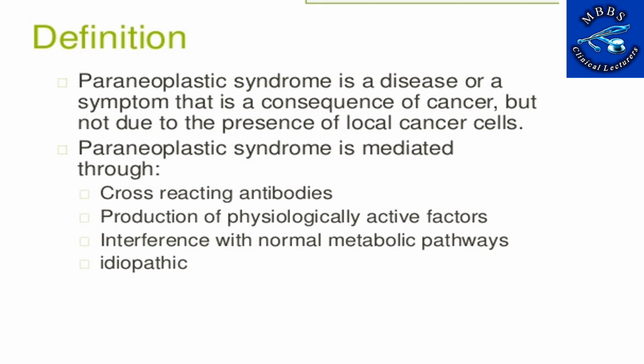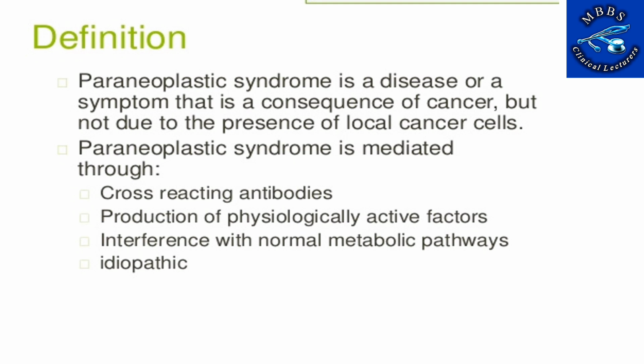The table of paraneoplastic syndromes is given in Robbins, Table 7.11, and in this table the different types of clinical syndromes are given with their major forms of underlying cancer, and also the mechanism, or the exact etiology where it is known. For example, the first one is Cushing syndrome.